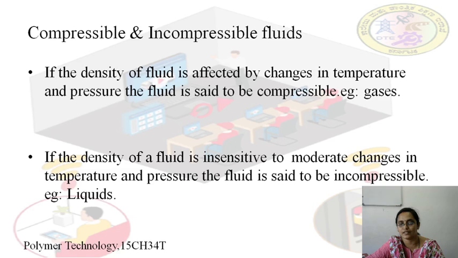If we exert any pressure on liquids, the density of the liquid does not change. Density of water does not change. Examples for compressible fluids are gases, and examples for incompressible fluids are liquids.